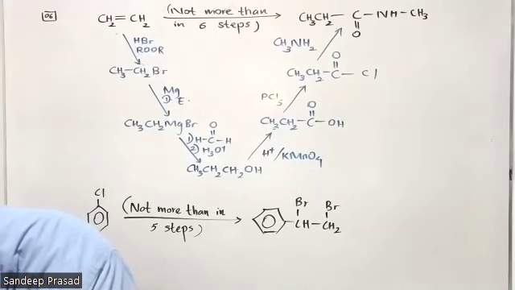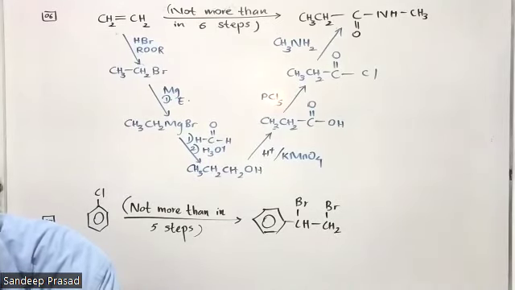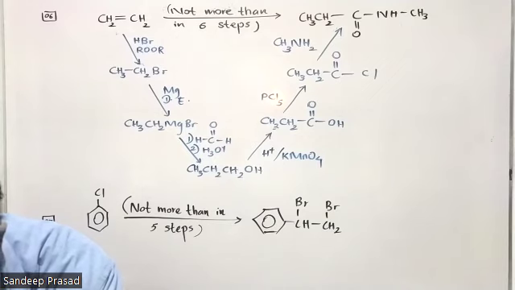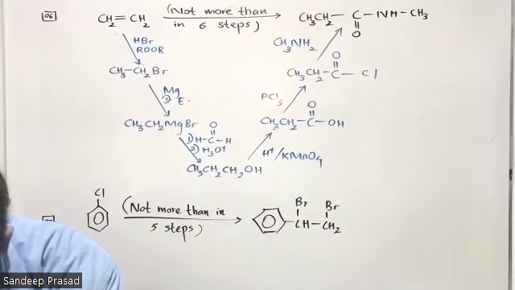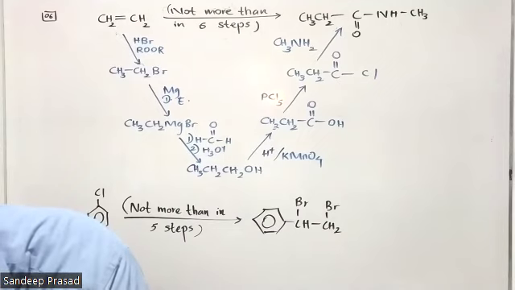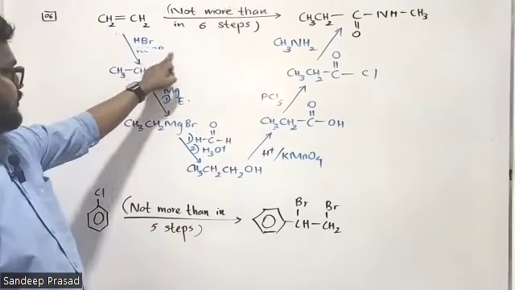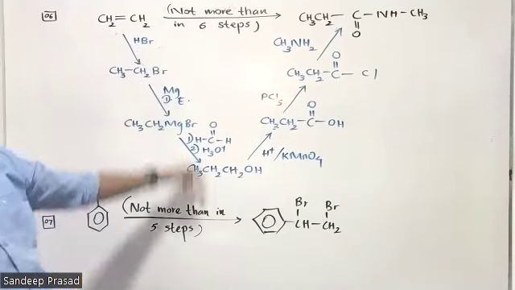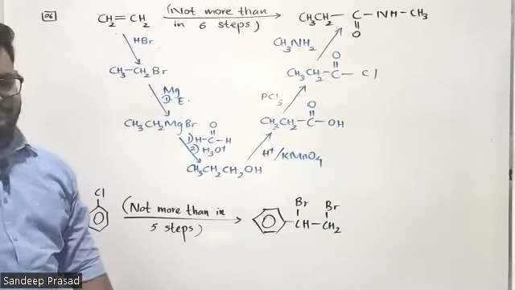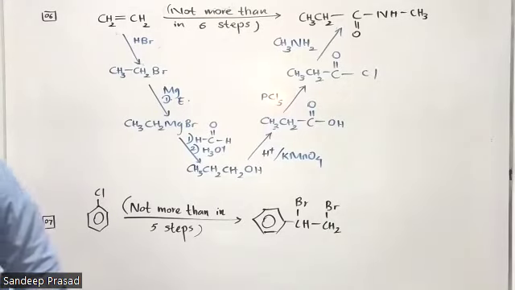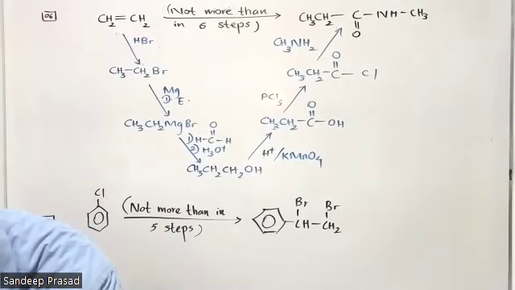Amshi, your method is correct, but you have gone through 7 steps, right? 1, 2, 3, 4, 5, 6, 7. Okay, that's the issue. And in the first step, you have to add HBr. Here we don't have to put any ROOR because that's a symmetrical alkene. So the issue is there are 7 steps.